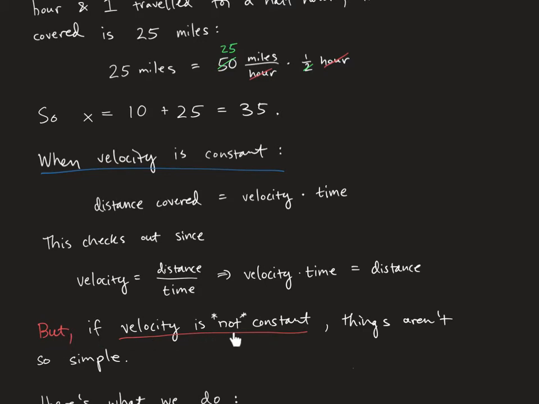But if velocity is not constant, then things aren't so simple, right? So if velocity is not constant, you can imagine the trip in your one dimension. You can imagine starting slow, maybe speeding up, slowing down again, speeding up. Then there's no one single number that's going to encapsulate this velocity here.